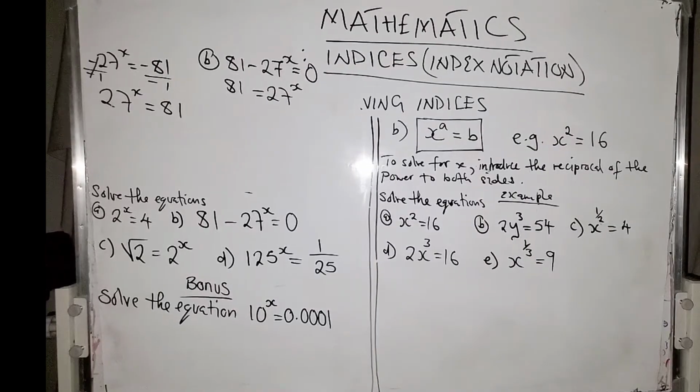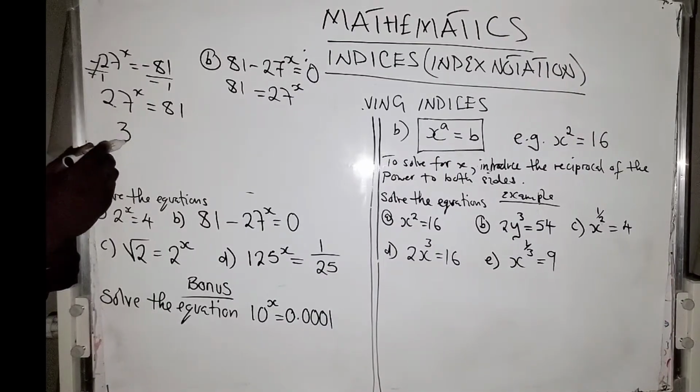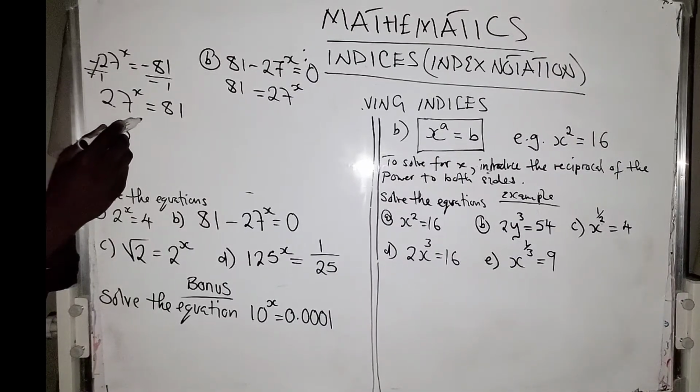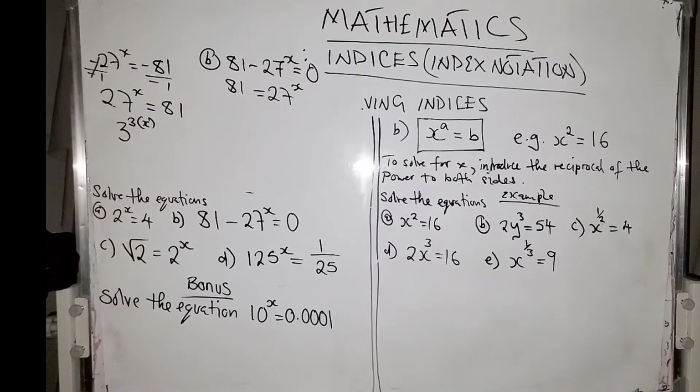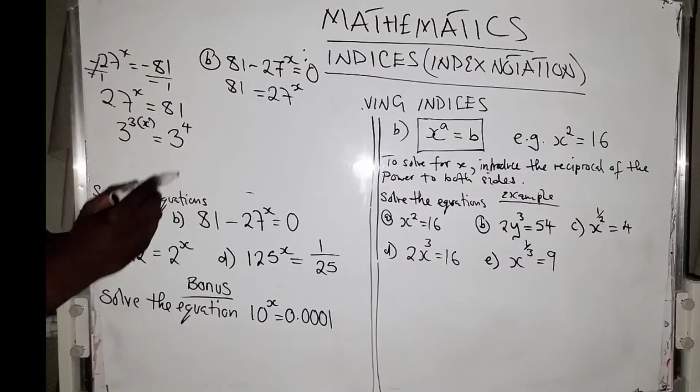Which one is that? 3, right? 27 is the same as 3 to the power 3. Then there is x. Don't forget the x. Is equals to 81, which is the same as 3 to the power 4.